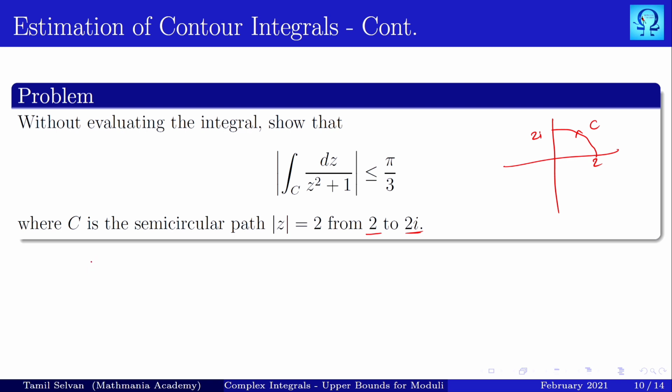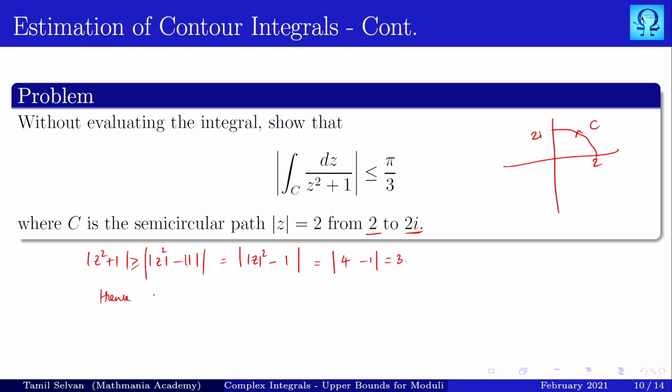So this is given, this is our contour C. Now let us evaluate the absolute value of z squared plus 1. As we did in the previous problem, this is the absolute value of, absolute of z squared minus absolute of 1. So this may be written as absolute of z squared minus 1, and this is absolute of 4 minus 1, which happens to be 3.